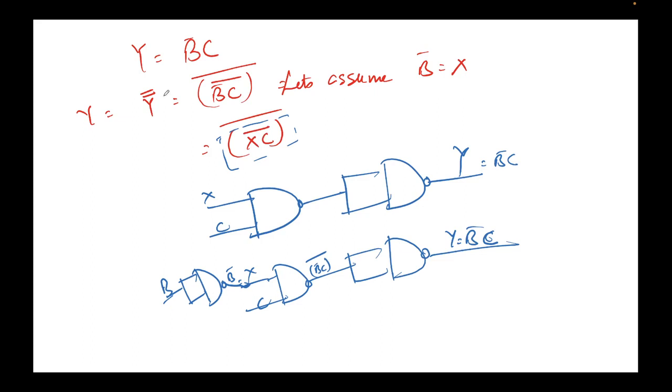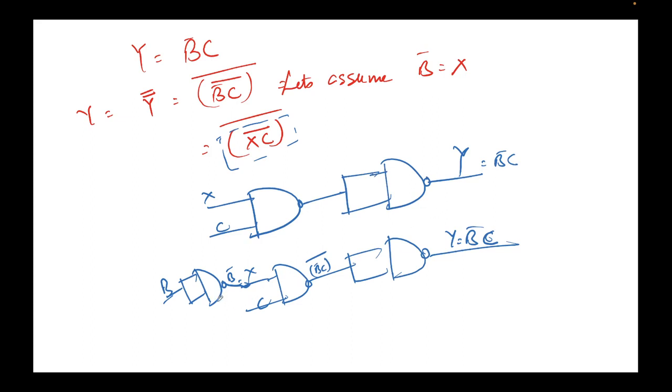So again I did the same trick, use double bar. The internal bar creates one NAND gate, and the external bar we can get as a NOT gate, since we know how to create a NOT gate from a NAND gate just by feeding the same value to both the inputs, and that's how we solve this.